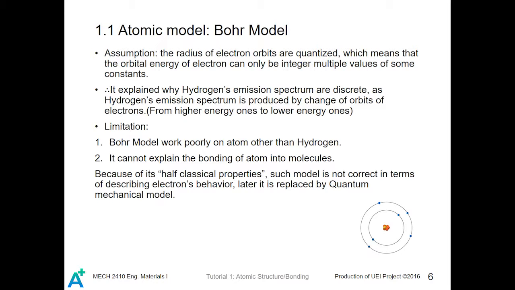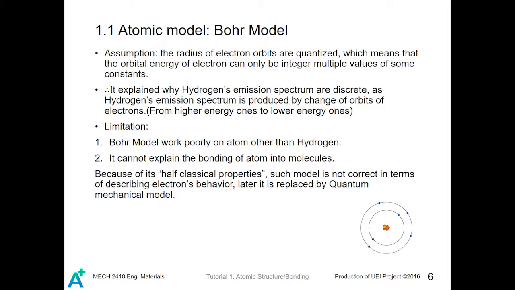And Bohr's model has some advantages. For example, it can explain why hydrogen's emission spectrum is discrete. It is because, using this model, hydrogen's emission spectrum is produced by the change of electrons from one orbit to another orbit, from higher energy ones to lower energy ones, for example.